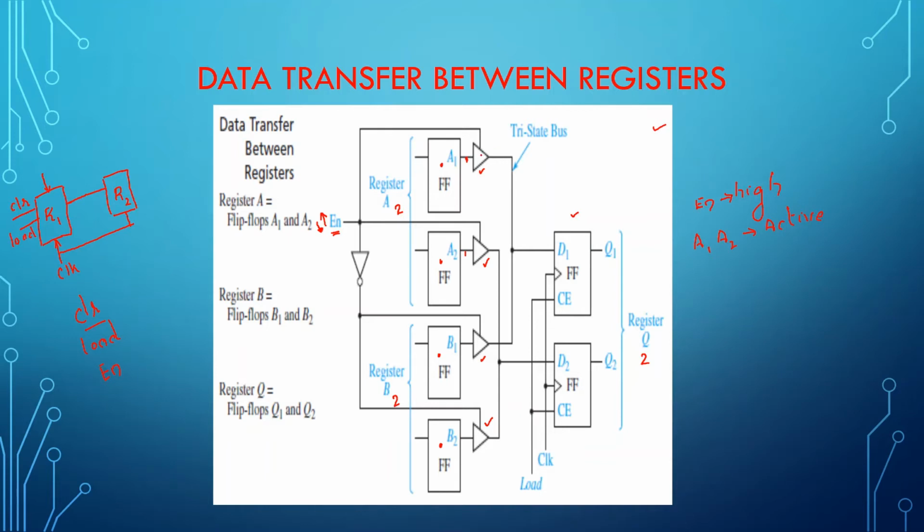Once these tri-state buffers are turned on, the data from A1 will go to D1 and the data from flip-flop A2 will go to register D2, which means that the data from this register and this register has been loaded to D1 and D2.